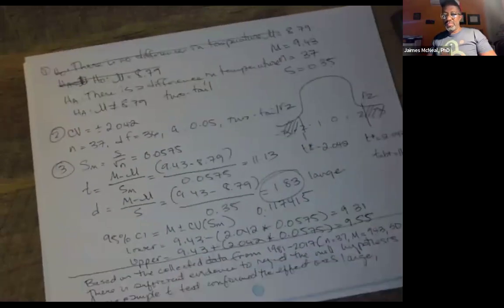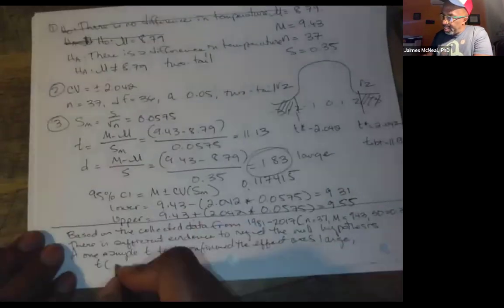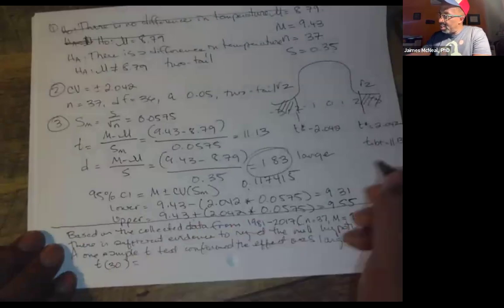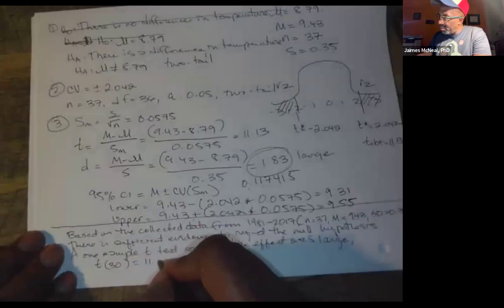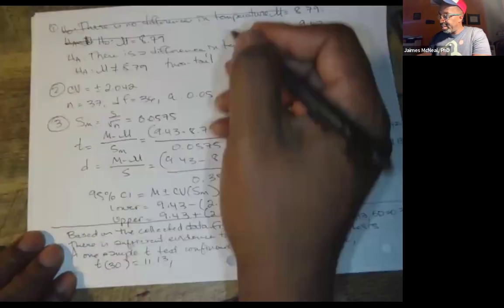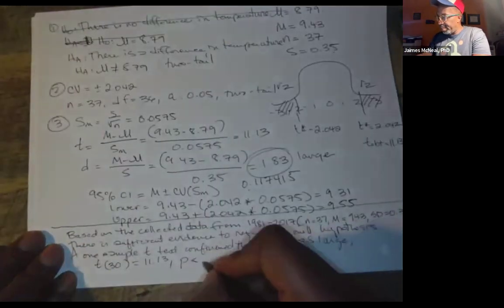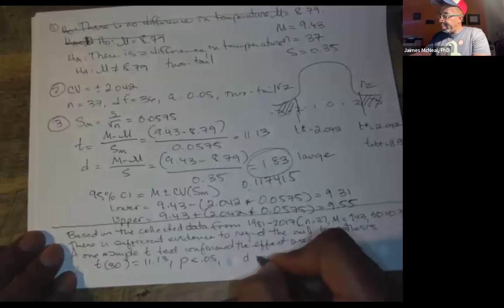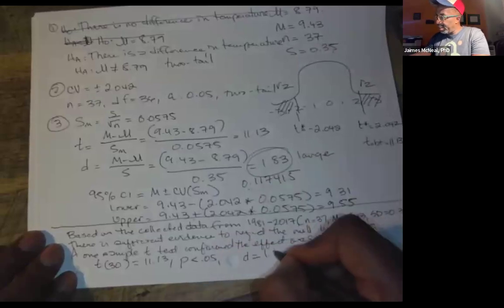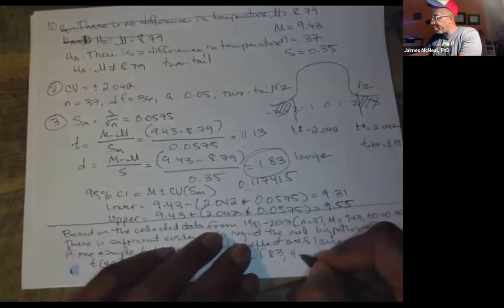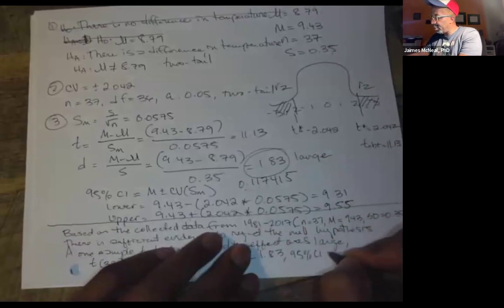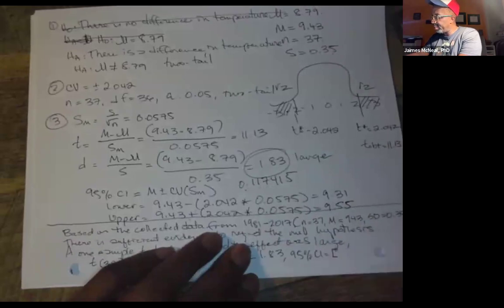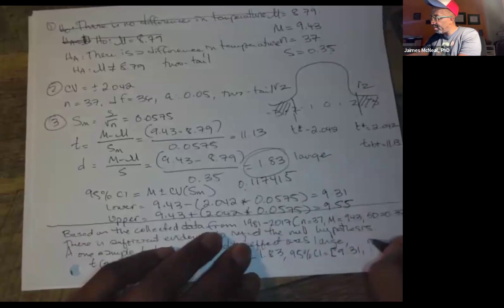We used 30, since we didn't have 36, equals 11.13. And since we rejected the null hypothesis, the probability, or the p, is less than 0.05, and the d equals 1.83, and the 95% confidence interval equals, we'll use brackets, 9.31, 9.55.